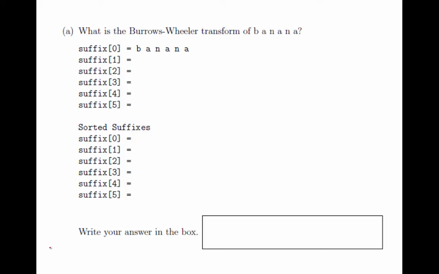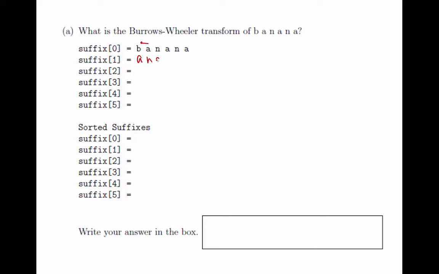So just to describe this, given the original string, which we call suffix 0, we'll form suffixes by rotating this around, whether clockwise or counterclockwise. So we push this one here and put the B in the back.